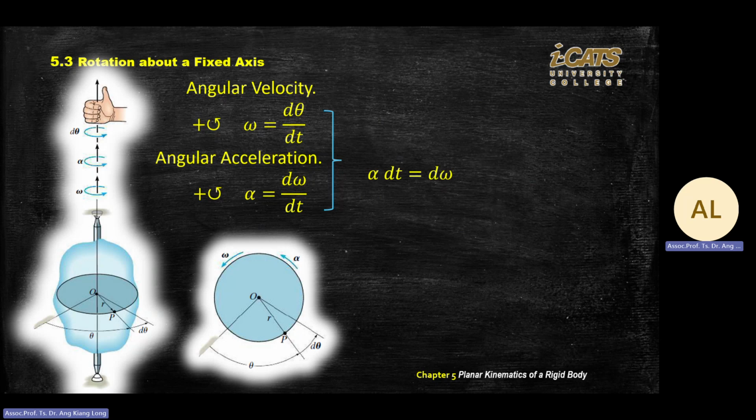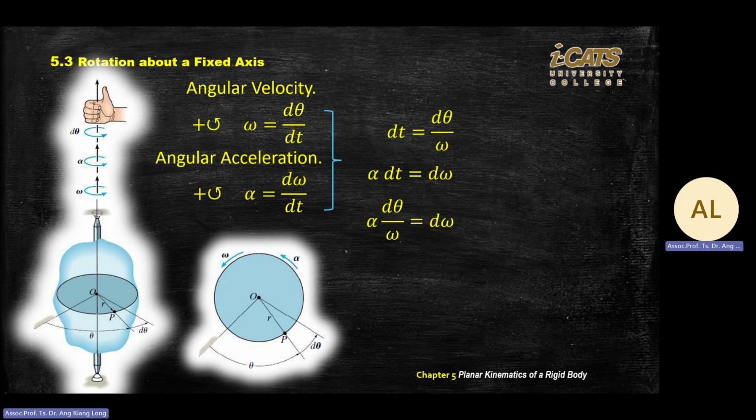You combine the two, so this is dt equal to d omega. Here also the same, you pull the dt to the left, you get alpha dt equal to d omega.